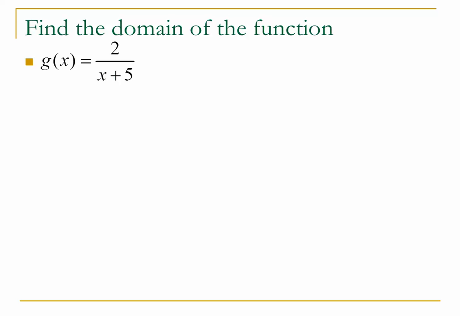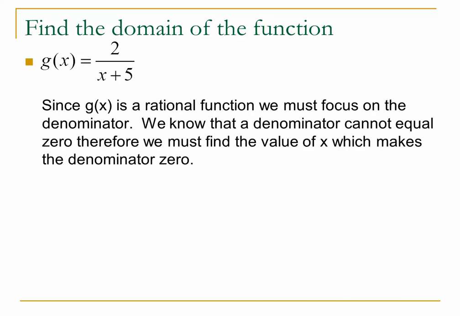Next we have g of x equals 2 divided by x plus 5. This is a rational function. It looks like a fraction, so it has a denominator. We need to take that denominator and set it equal to 0 so we can decide what x is not allowed to be. So we take the denominator x plus 5, set it equal to 0, solve this equation by subtracting 5 on both sides, and we get x equals negative 5.